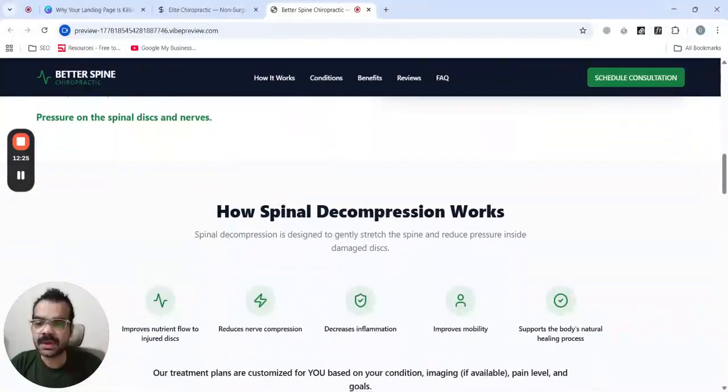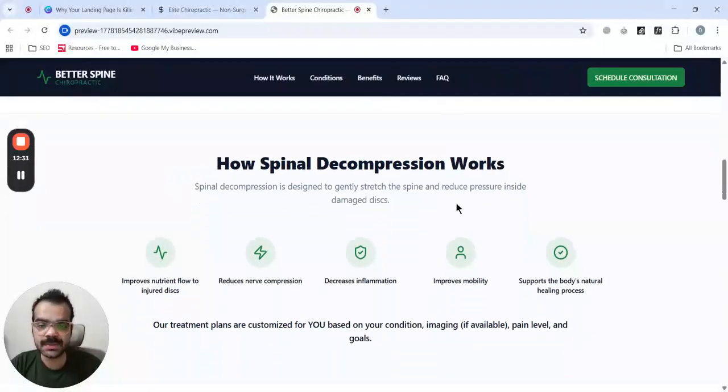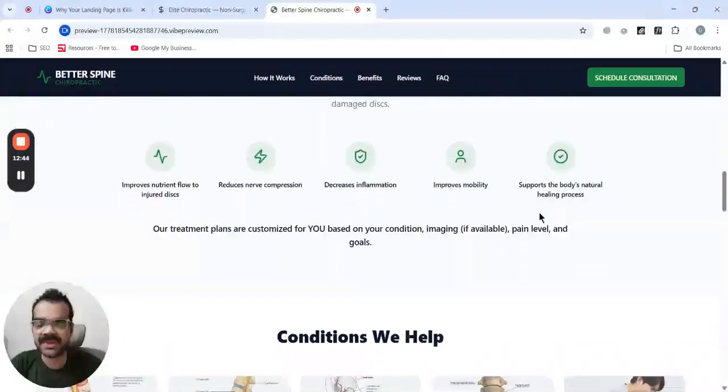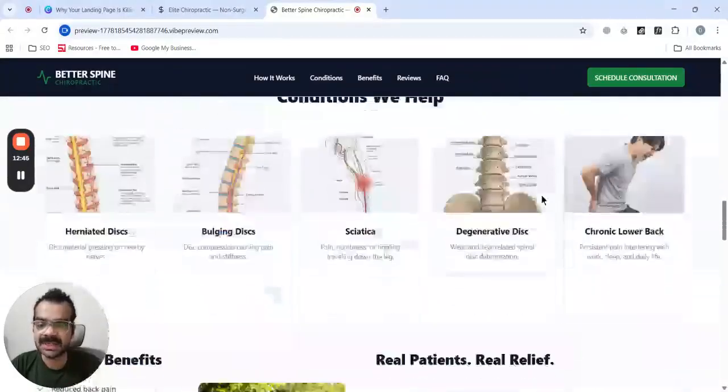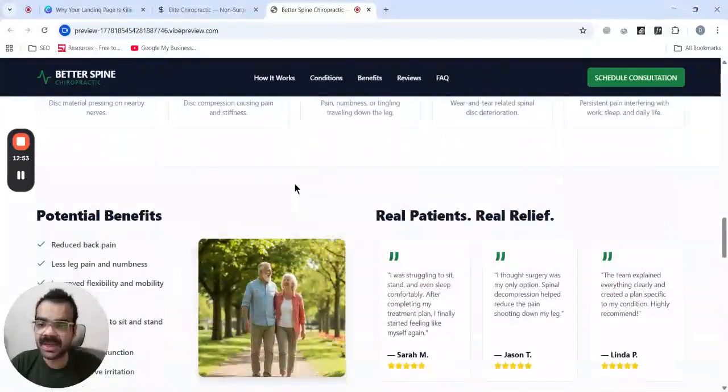Second one is how you are different, right? Why your treatment is different from others. So here is a small section letting people know why we are different. Our treatment is different. It improves nutrient flow, reduces nerve compression, decreases inflammation, improves mobility, and supports the natural healing process. Conditions we have helped: this is for all the ideal customer profiles that we are targeting on our landing page.